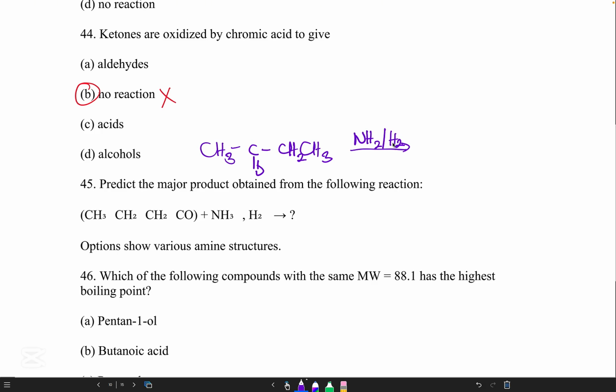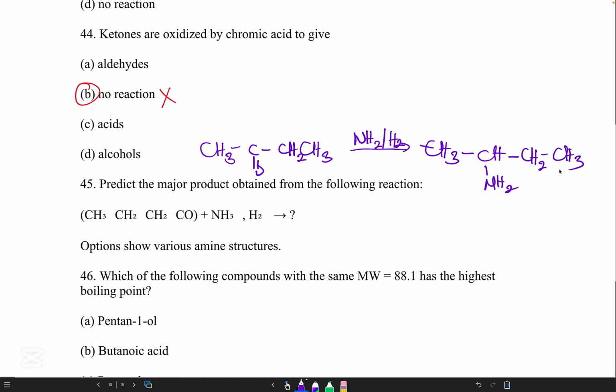What do you think the product of this reaction is? Now, this is what we call oxidative deamination, oxidative amination, rather. What happens is that this NH2 replaces this oxygen here. Then the product would be something like this: CH3, then CH, then NH2, and then CH2, CH3.